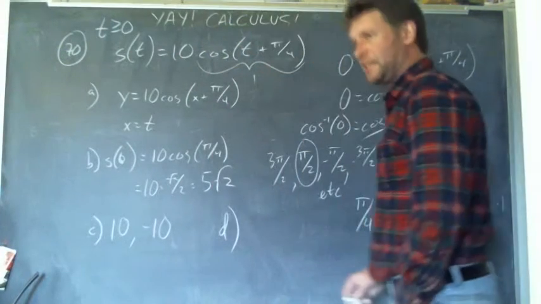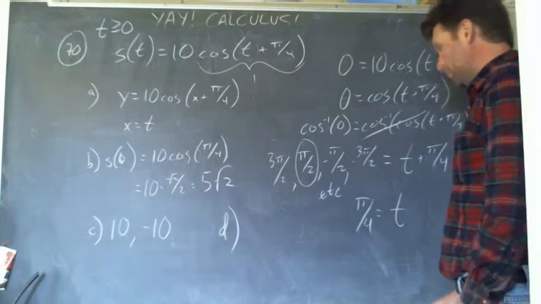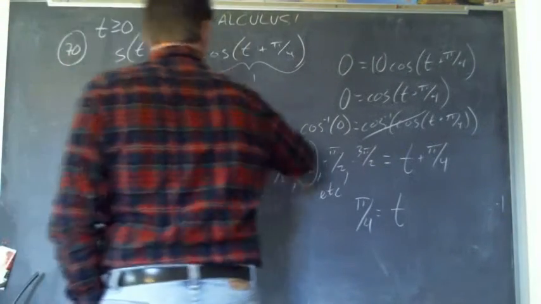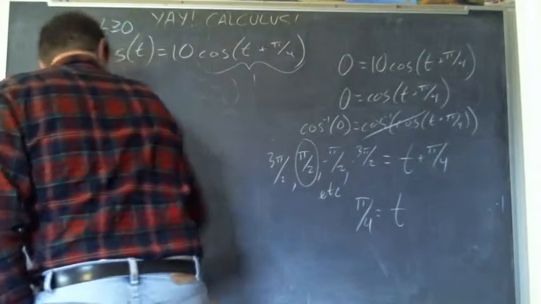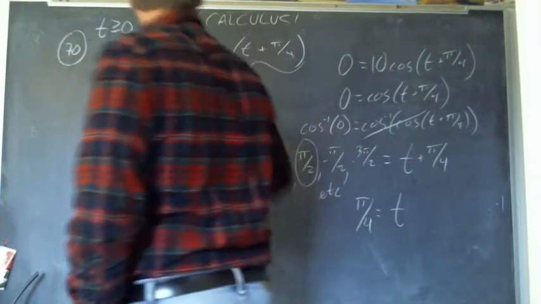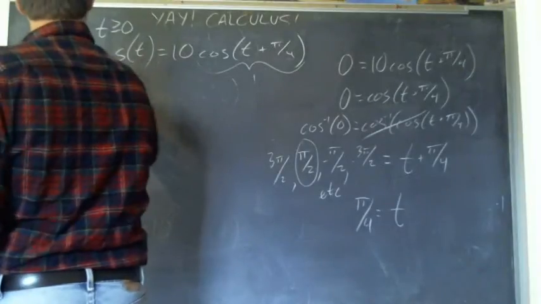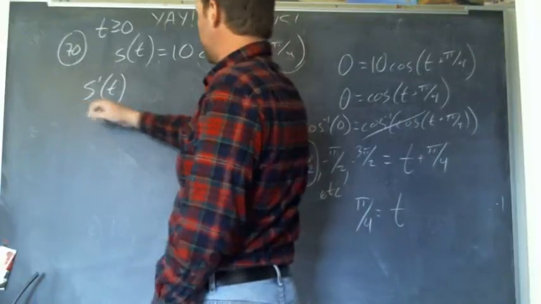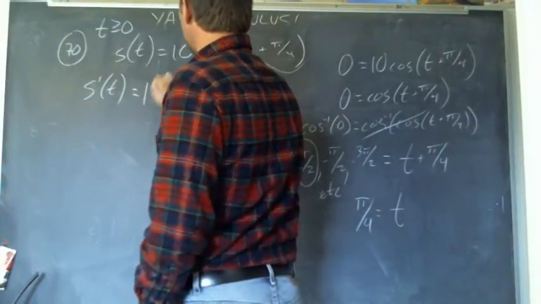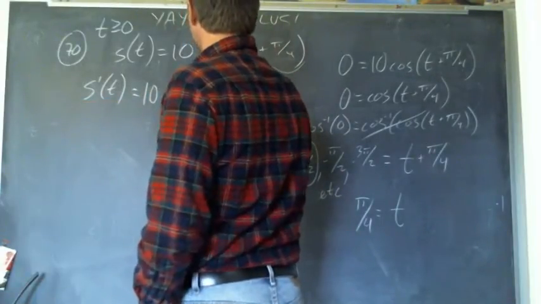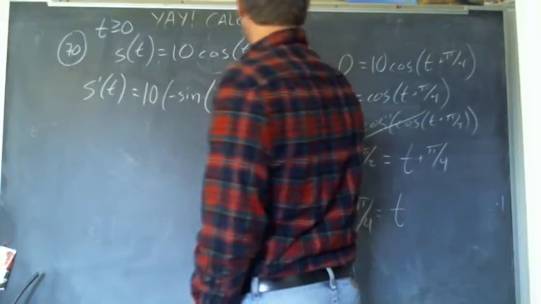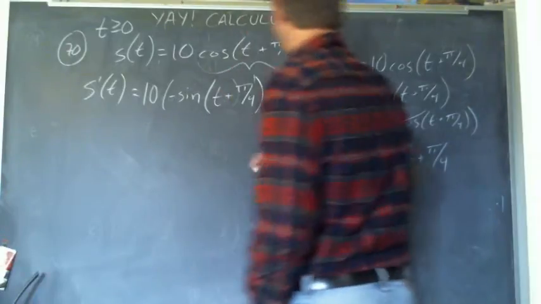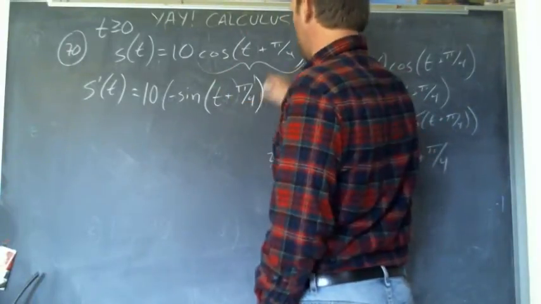We want to find the velocity, speed, and acceleration. So let's take our first and second derivatives. Our first derivative of position, which would be velocity, would be 10 times negative sine of t plus pi over 4 times the derivative of the inside, which is just 1.